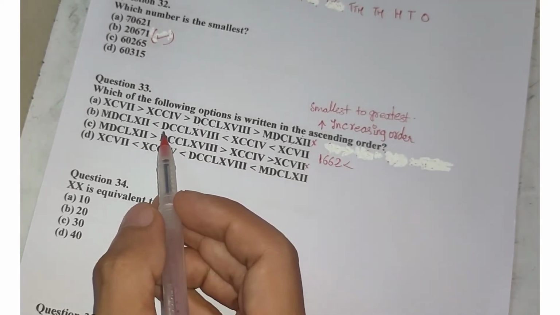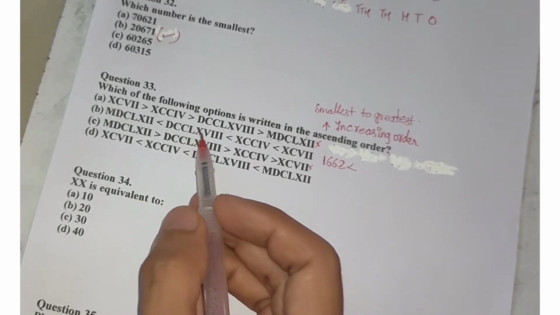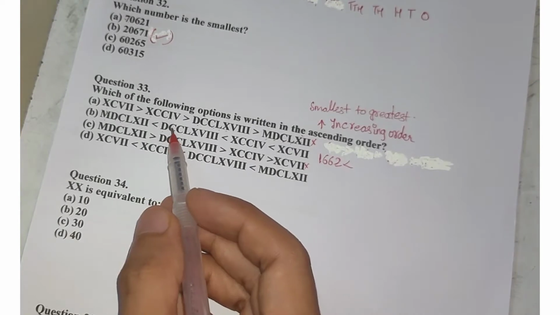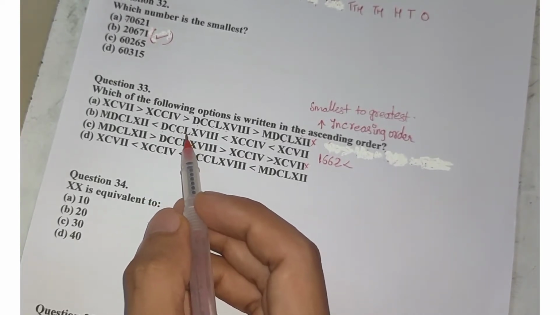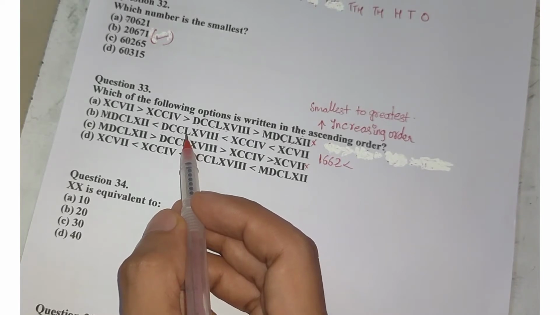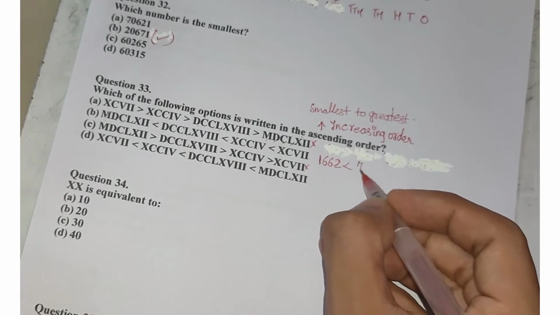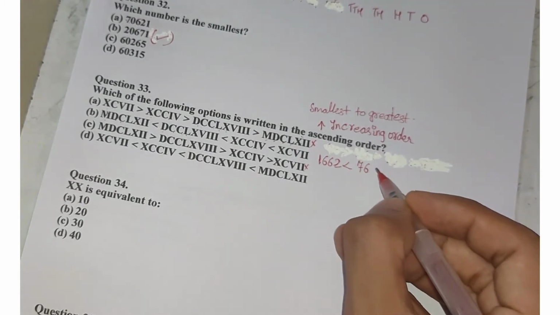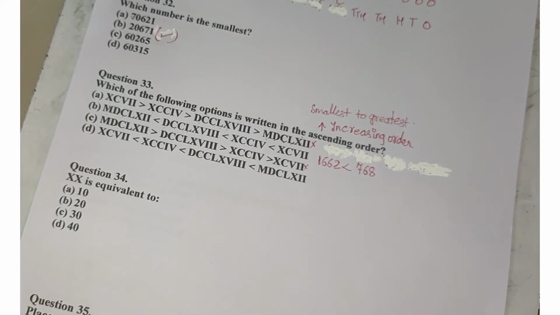Moving to the second one, D represents 500 and C represents 100, so 500 plus 100, 600 plus 100, 700, L for 50, so 750 plus 10, so 760 and 8. So it is 768.